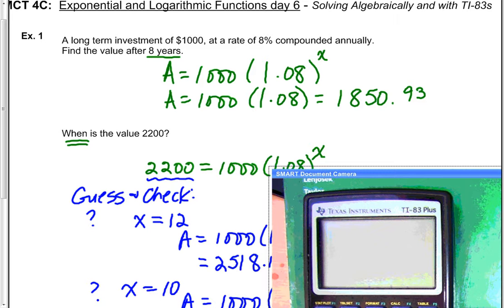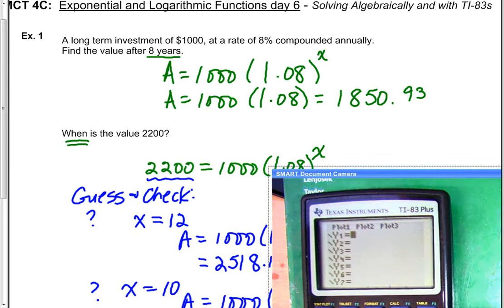There, it's hard to see it all at once, but our first equation would be, when is this investment, so our 1,000 times 1.08 to the power of x, and I want to find its point of intersection with the line y equals 2,200.